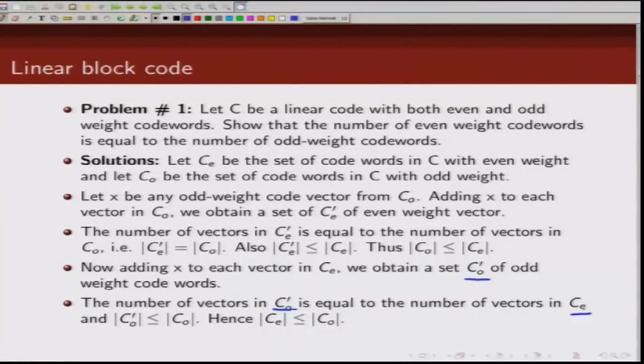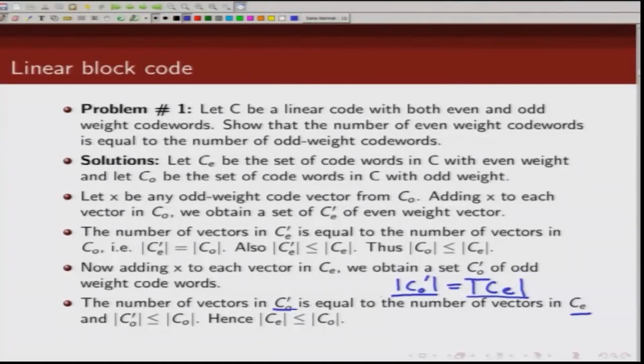Why? Because this set was generated by adding an odd vector X to the set of even code words.